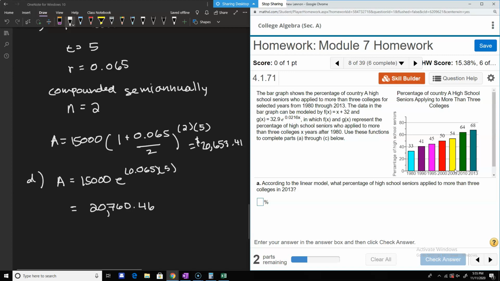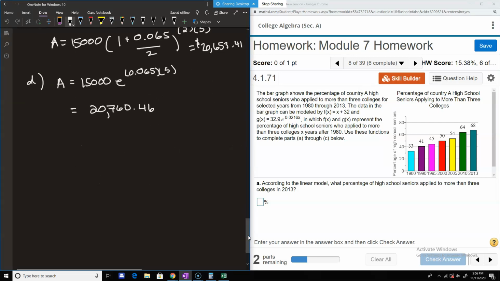So in this one, what's going on is you have two different models that are trying to be used to predict the data of all the bars on the graph you see. So the one model is x plus 32, that's your linear model. And then the other one is the continuous exponential function.